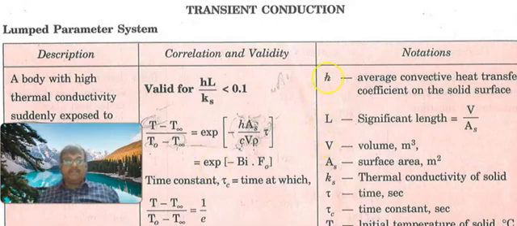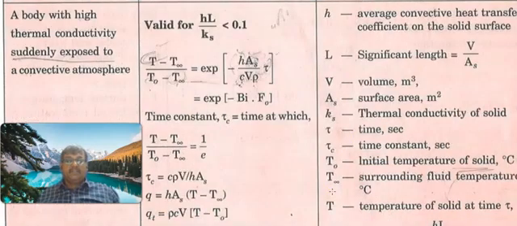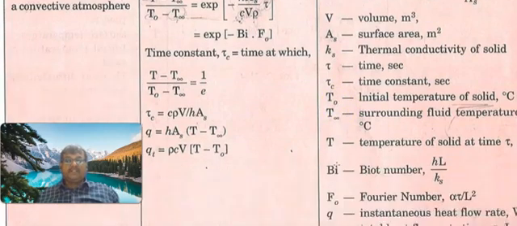We should know what these mean. h is the average convective heat transfer coefficient on the solid surface. L is the significant length, V by As, where V is volume and As is surface area. K is the thermal conductivity of the solid, tau is time, tau c is the time constant in seconds, T naught is the initial temperature of the solid, T infinity is the surrounding temperature, T is the temperature of the solid at a time.